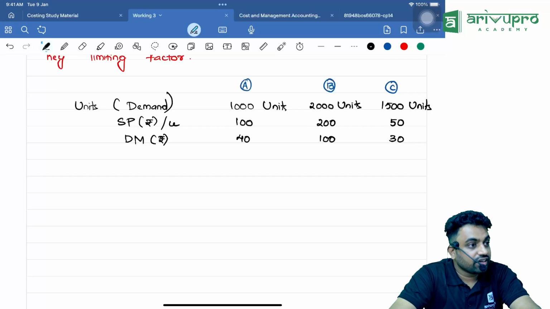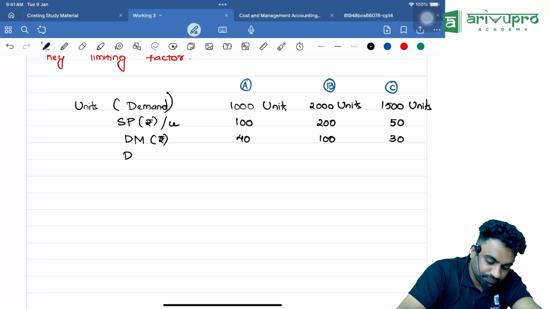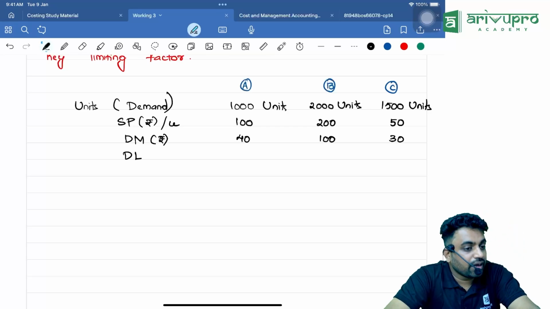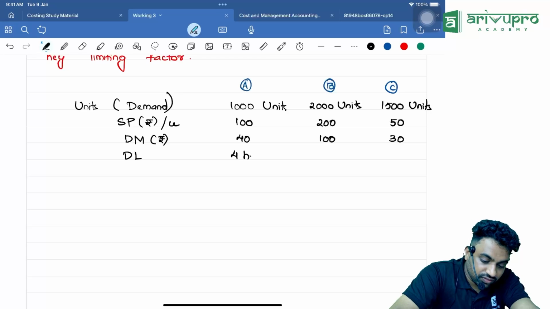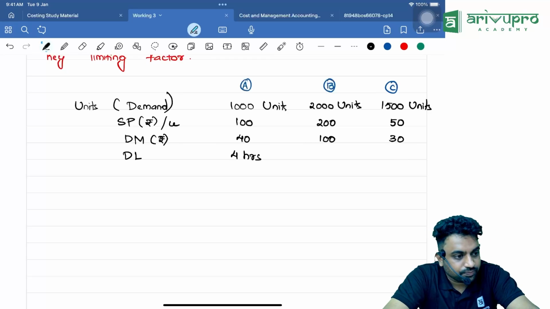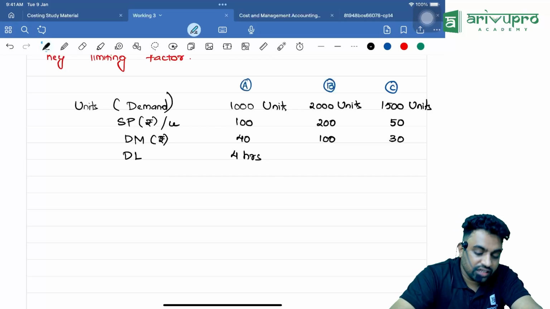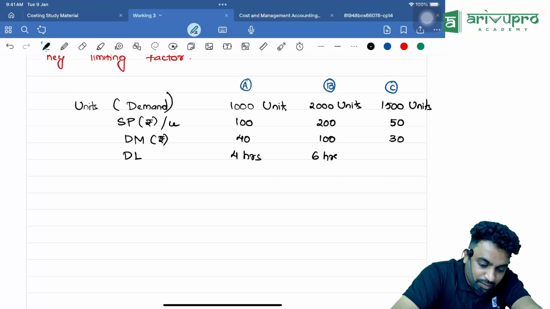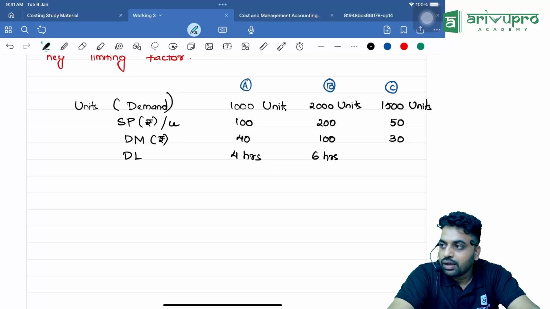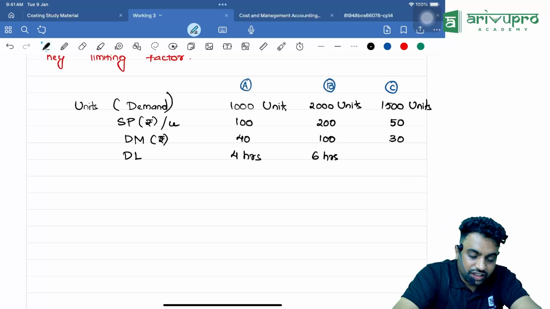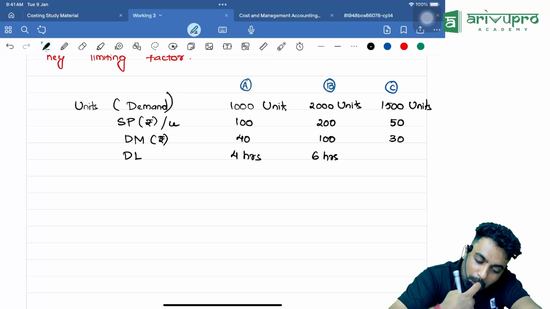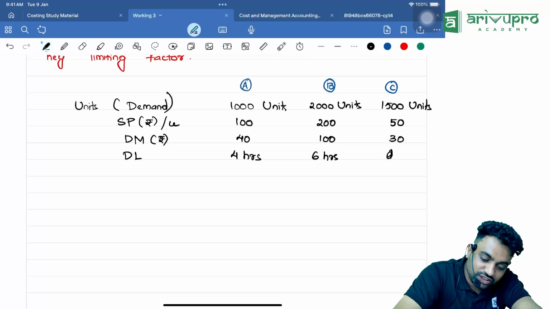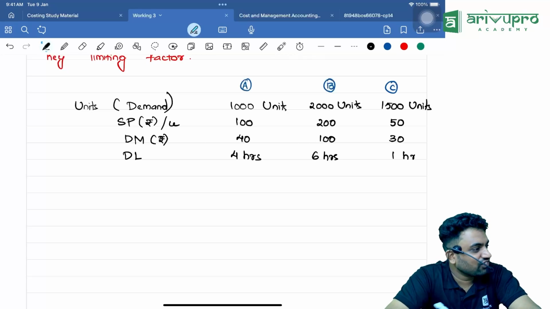Now, direct labor. Guys, per unit of A, you need 4 hours of labor. Per unit of B, you need 6 hours of labor. Per unit of C, you need 1 hour of labor.